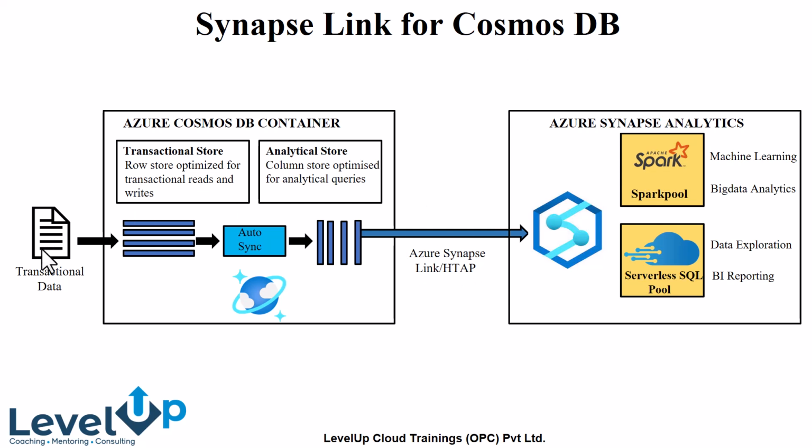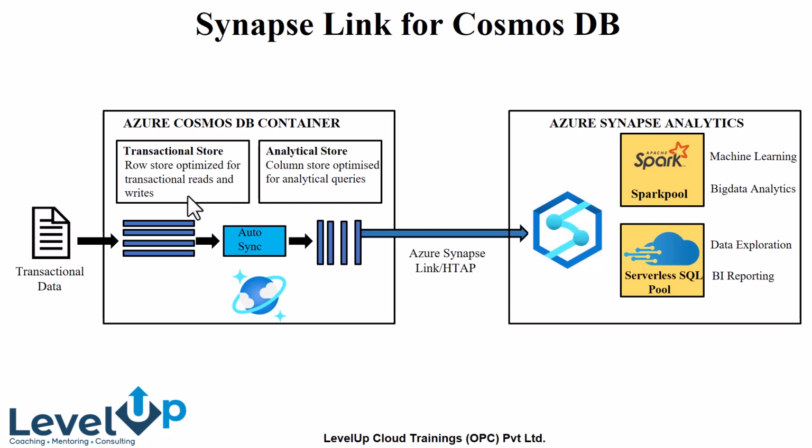Because there are OLTP and OLAP systems, we have to do complex ETL operations, and it has become extremely difficult for companies to solve this problem. So here we don't need to create any ETL code. Azure will automatically take care of it.